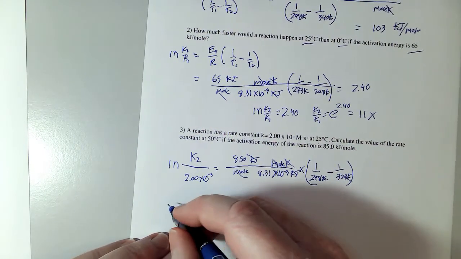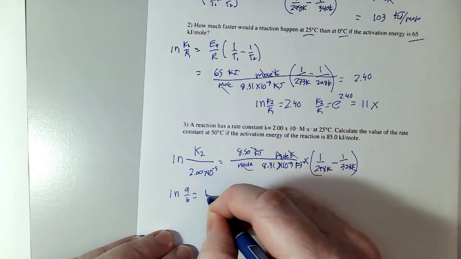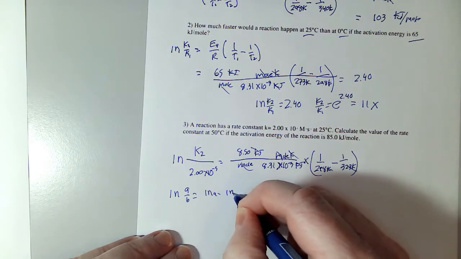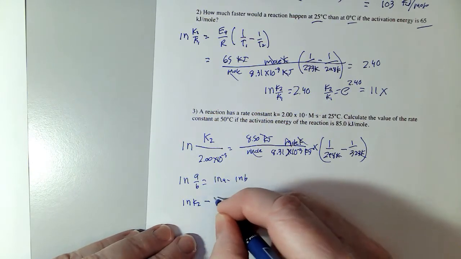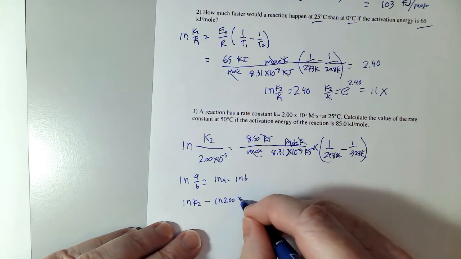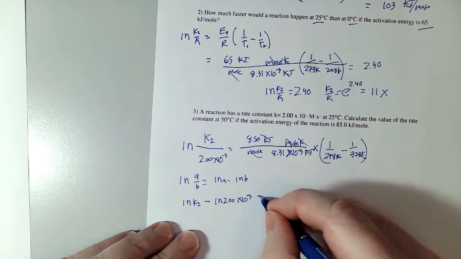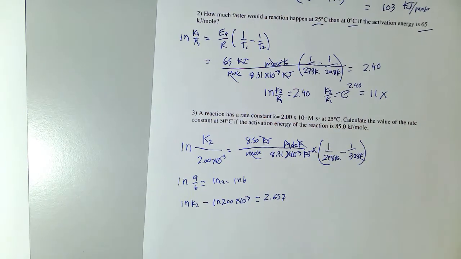So, remember that the ln of A over B equals the ln of A minus the ln of B. So the ln of K2 minus the ln of 2.00 times 10 to the negative fifth equals 2.657, which is all of that run through a calculator.